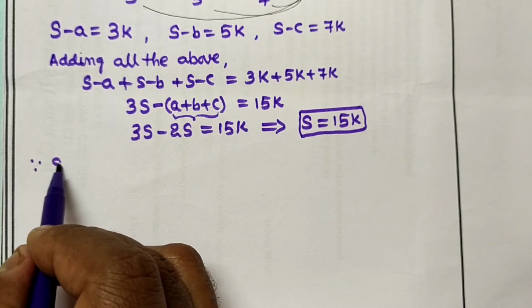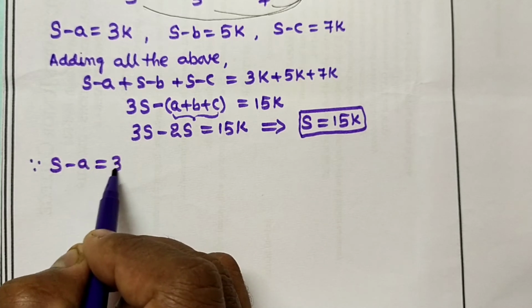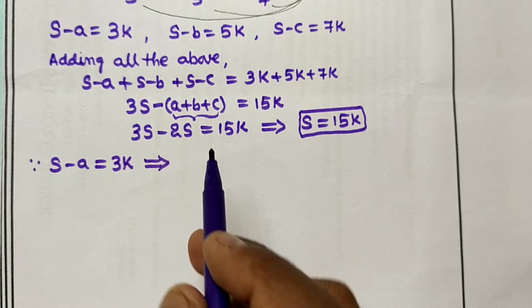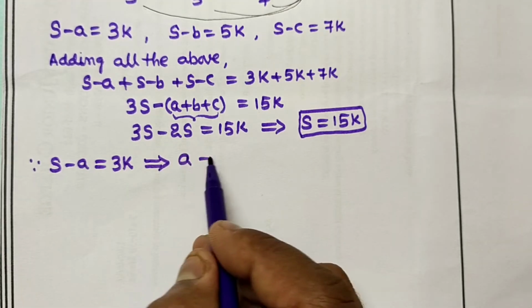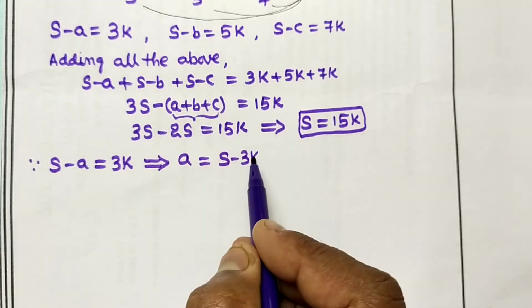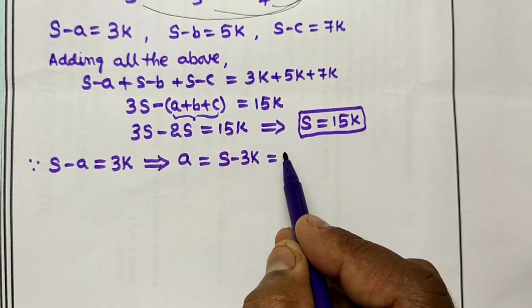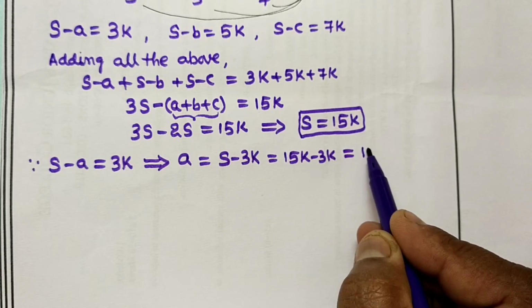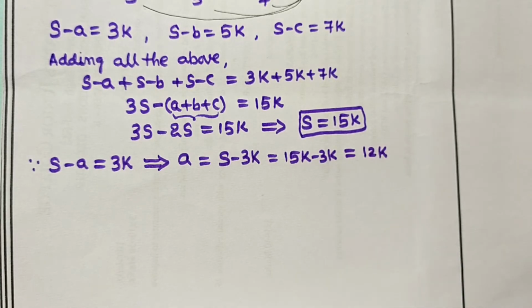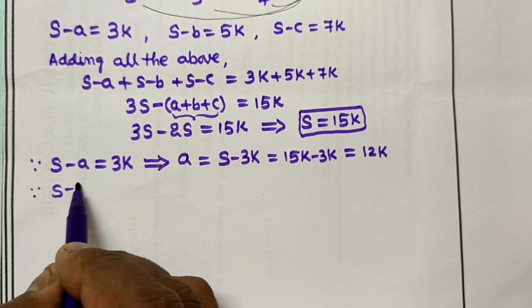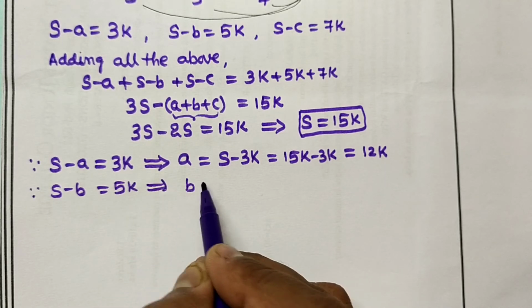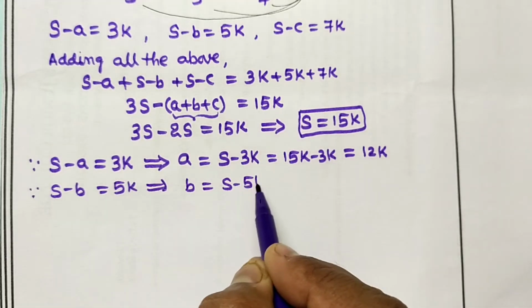since we have S minus a is equal to 3k, no? From this, make a the subject. That implies a equal to S minus 3k, which is equal to, S value is what? 15k minus 3k, which is equal to 12k. A value 12k. Next, since S minus b equal to 5k, that implies that b is equal to S minus 5k.